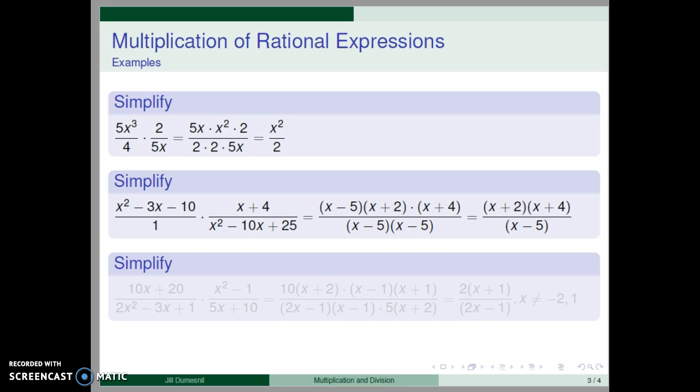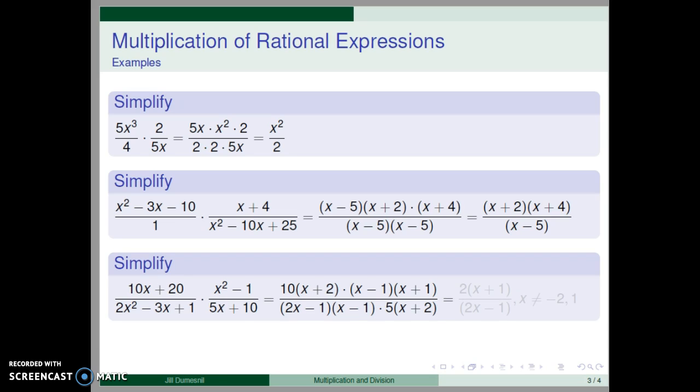Even when the problems seem more complicated, the process is always the same. To multiply these two rational expressions, we again want to factor each polynomial and then cancel as much as possible. In the numerator, we replace 10x plus 20 with 10 times x plus 2, and we replace x squared minus 1 with x minus 1 times x plus 1.